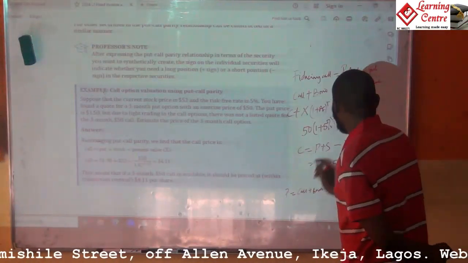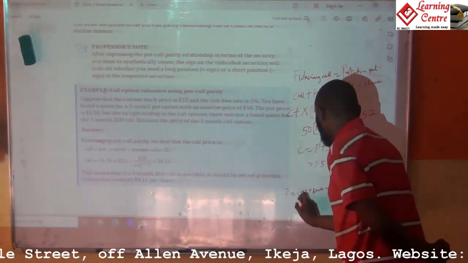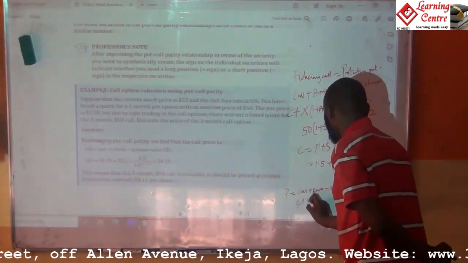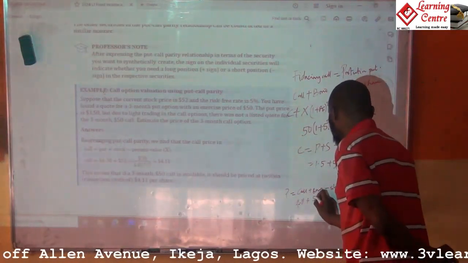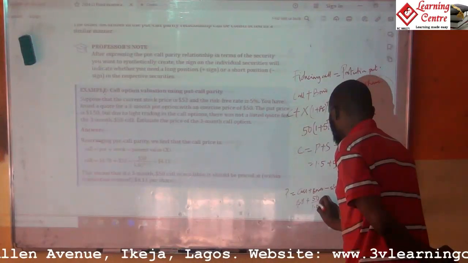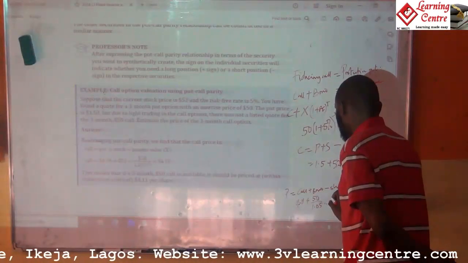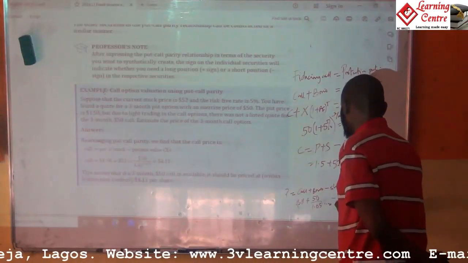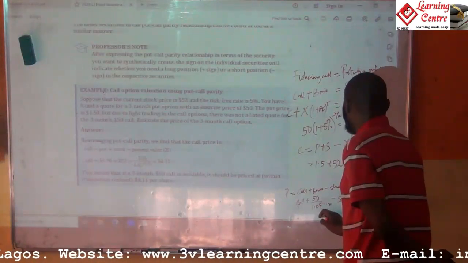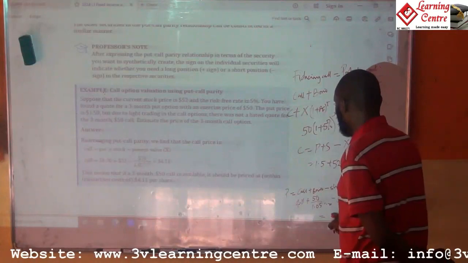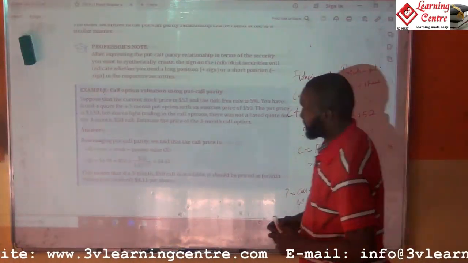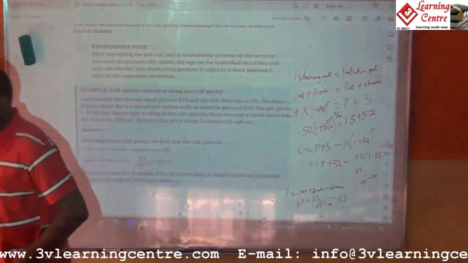Meaning our call is plus 4.11, plus the bond, which is 50 over 1.05 raised to power minus 3 over 12, minus share 52. This should give us our put of 1.5. Can you calculate this?